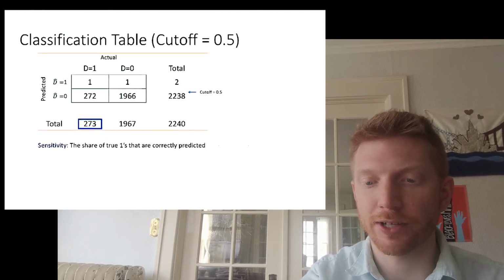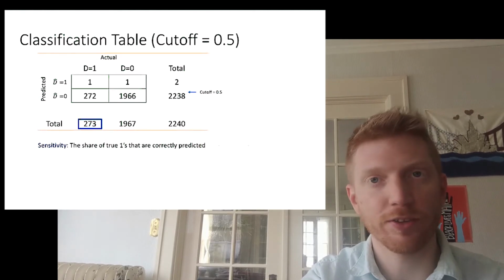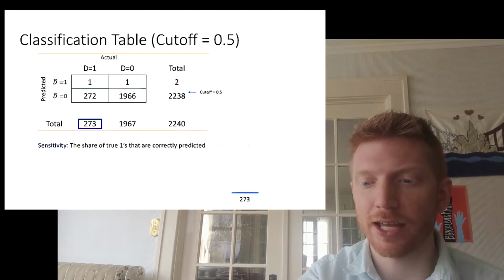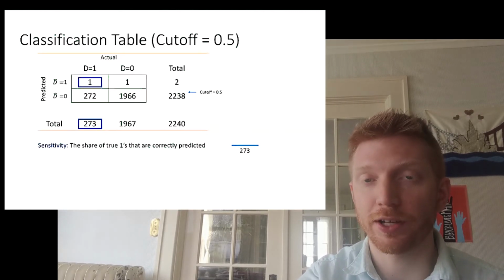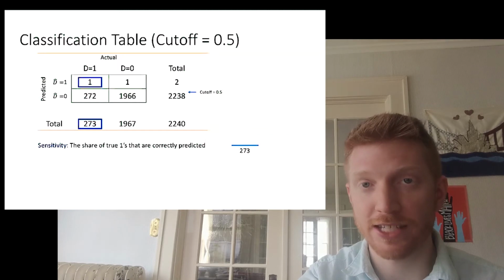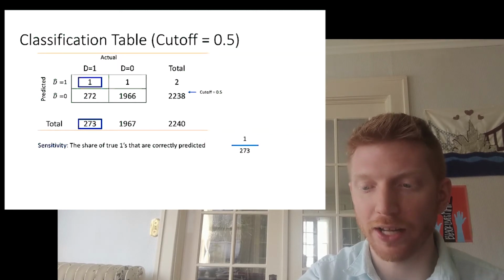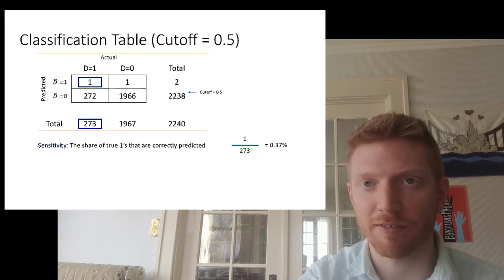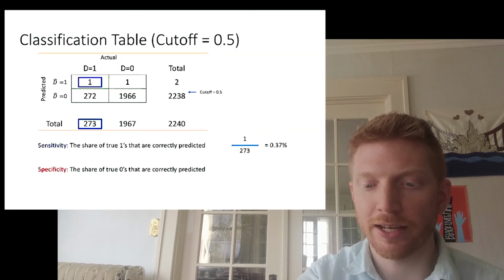Out of those 273, they should have all been 1s if we were predicting them all correctly. But instead, we only predicted one of them. So our sensitivity is 1 out of 273. So this is an abysmal 0.37%.